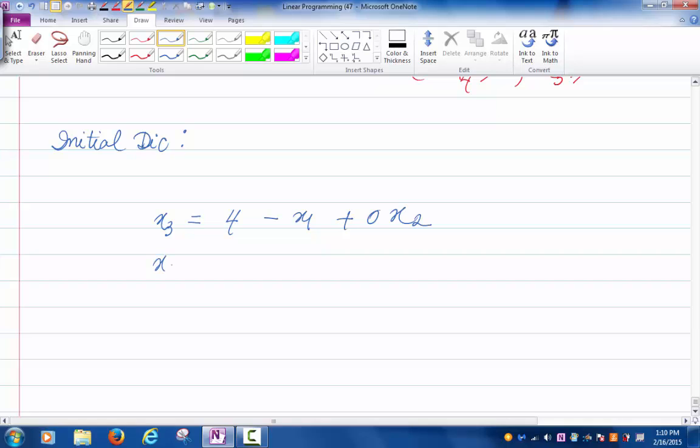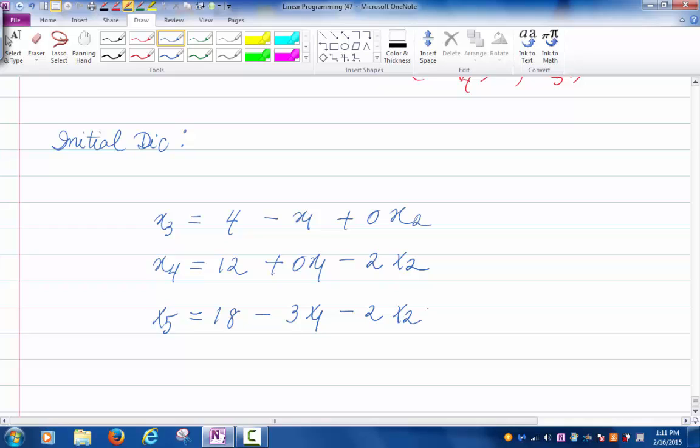I'm going to solve for x4. That will be 12 plus 0 x1 minus 2x2. What would be x5? 18 minus 3x1 minus 2x2.